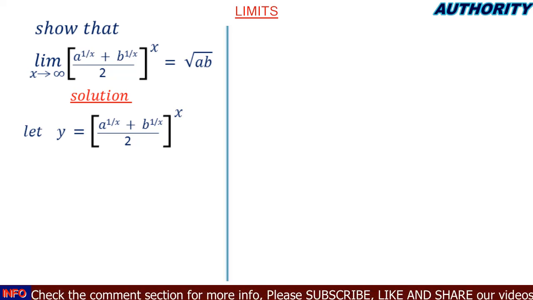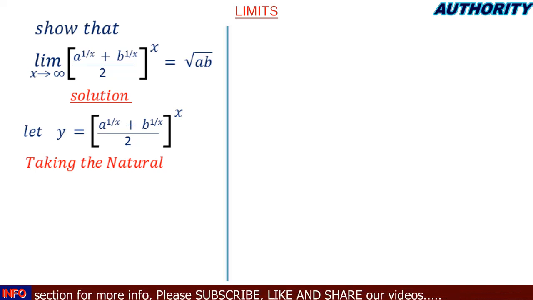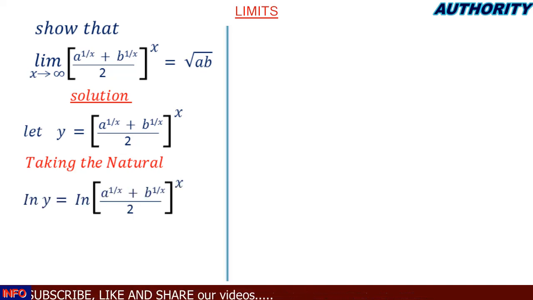The next thing we do is take the natural log on both sides. So taking the natural log on both sides, we have ln y equal to ln of ((a^(1/x) + b^(1/x))/2) raised to the power of x.